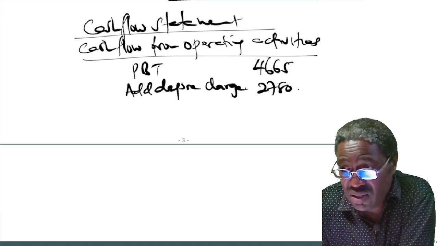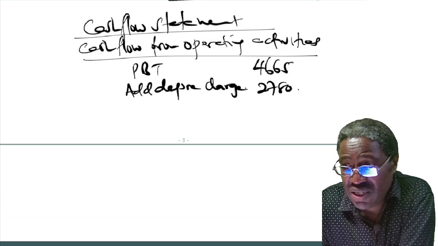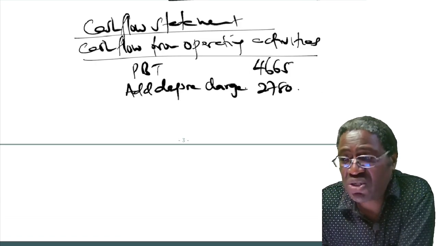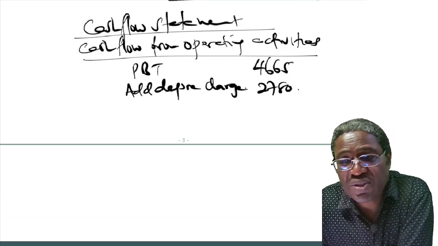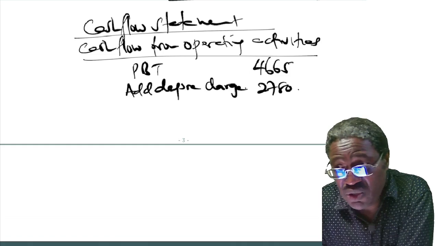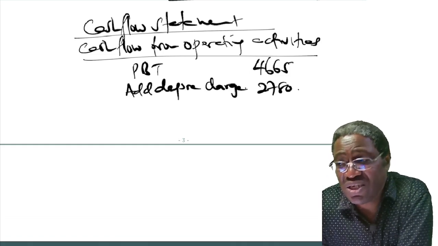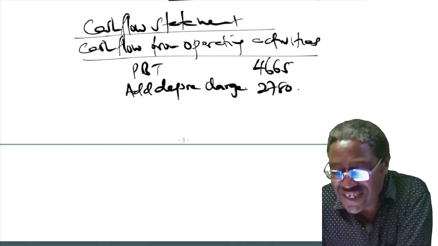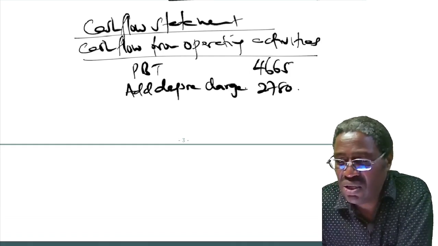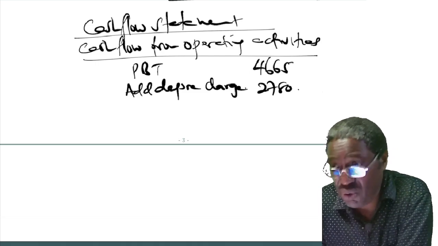And by the way, listen to this. For those who are doing financial reporting at the intermediate level, this is a topic you must understand. Why? Because it is tested again in advanced financial reporting.